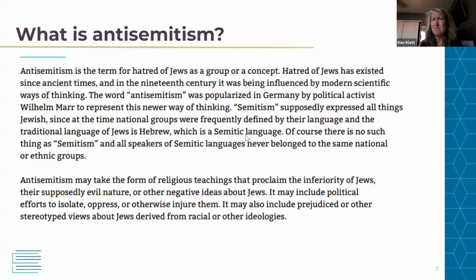How could we see a group of people as a concept? Any ideas on that? Seeing a group of people as a concept.